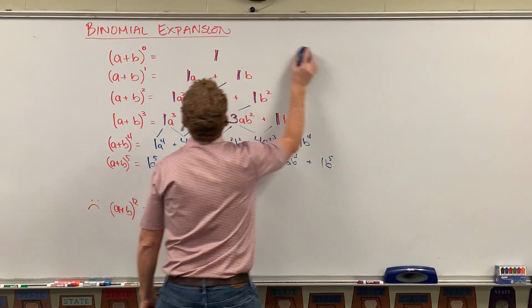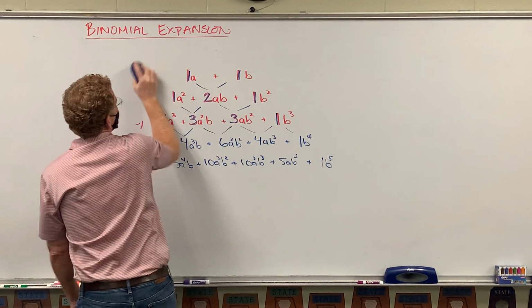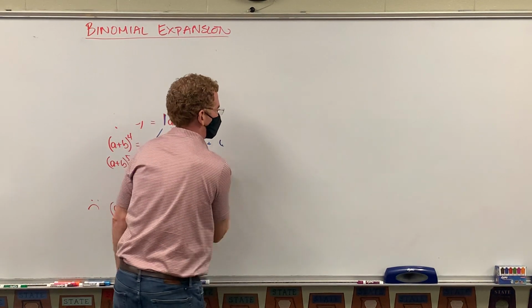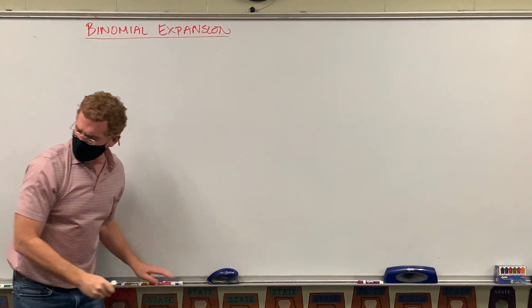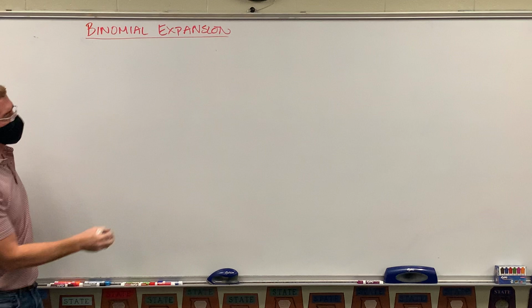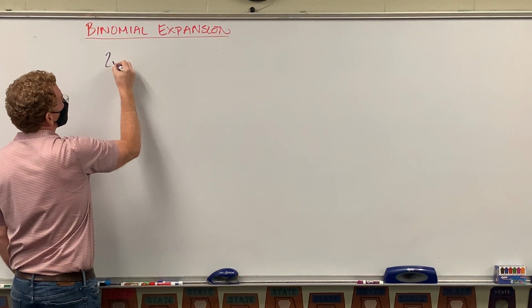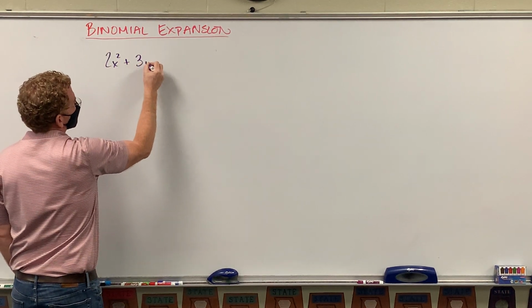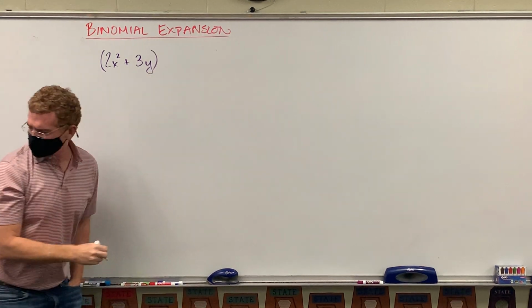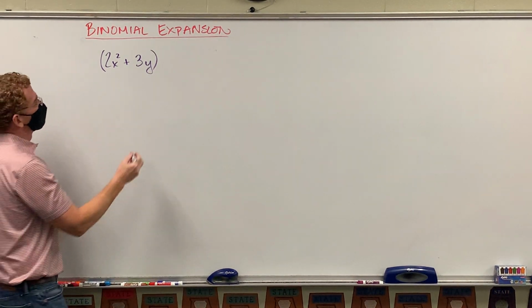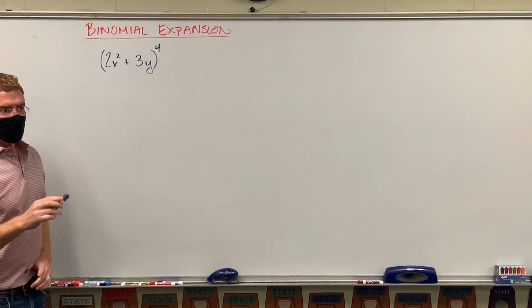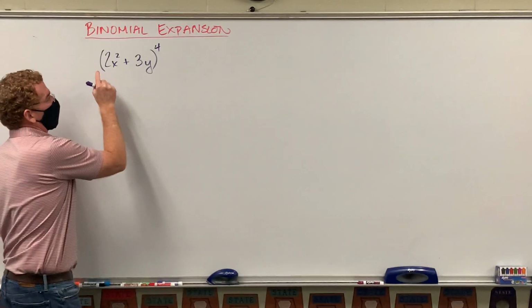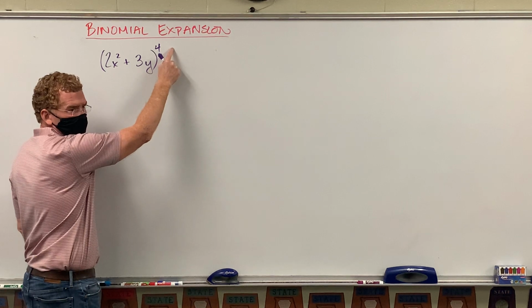I'm going to give you just some kind of random one. So what if you had, I don't know, how about 2x squared plus 3y, and we'll just raise this to the fourth. Now, what do you do when it's a simple a plus b to the fourth?